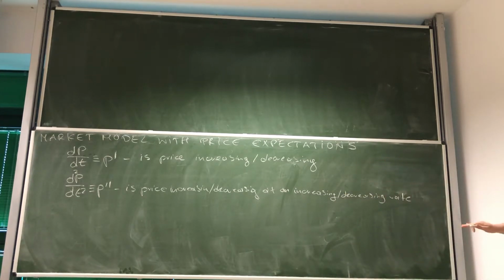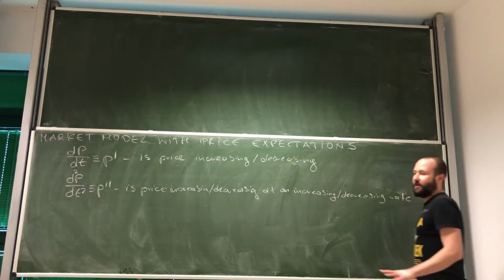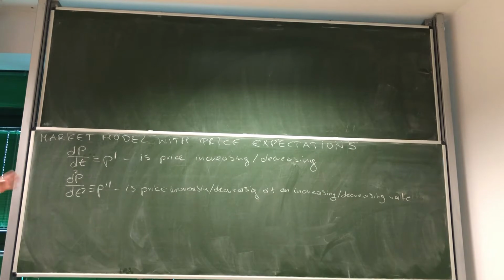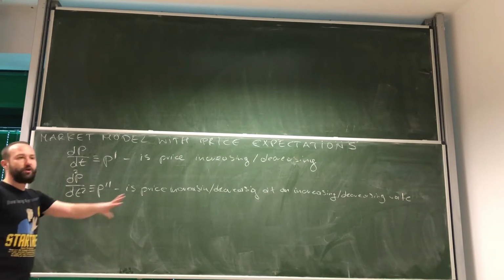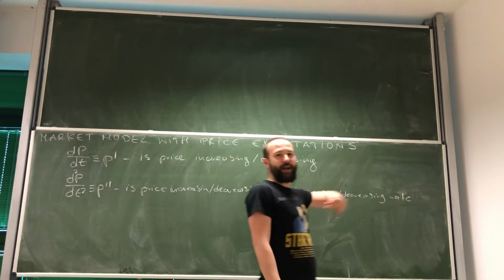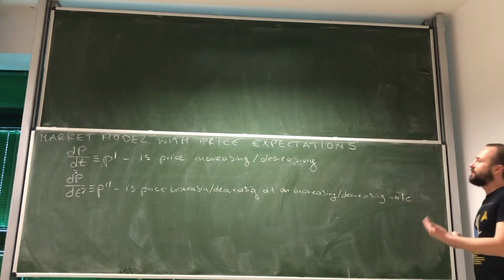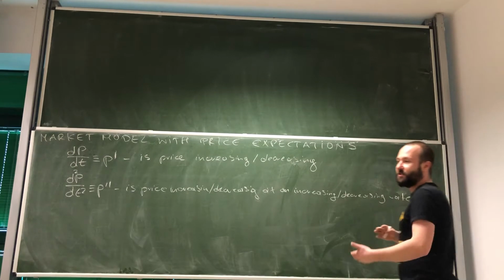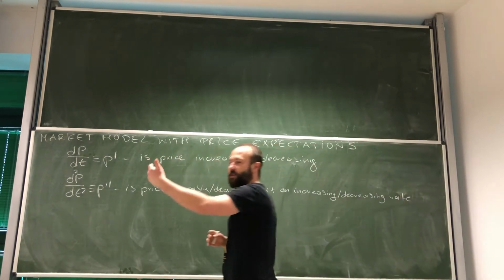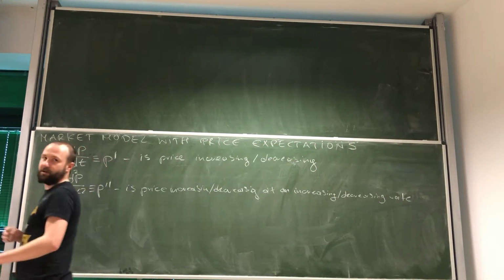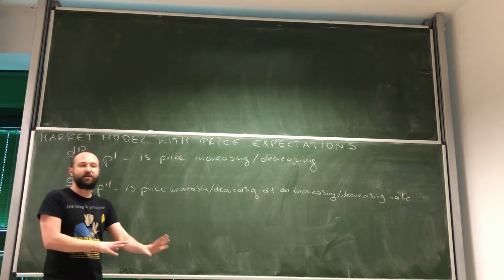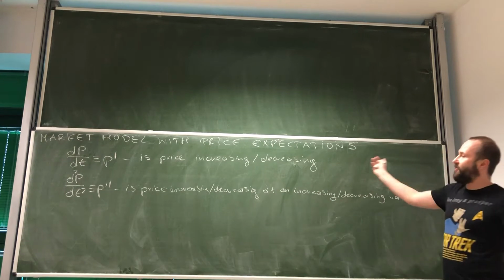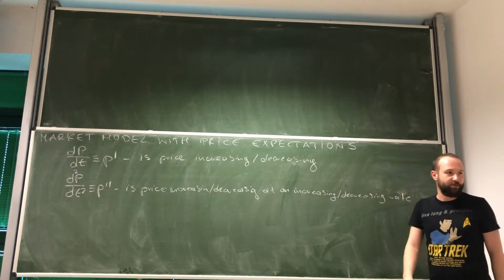Okay, so basically the participants, the agents within this model, are looking at price trends, and they are trying to see whether price is increasing or decreasing, and whether this price is increasing faster and faster, or slower and slower, decreasing faster and faster, or decreasing slower and slower.